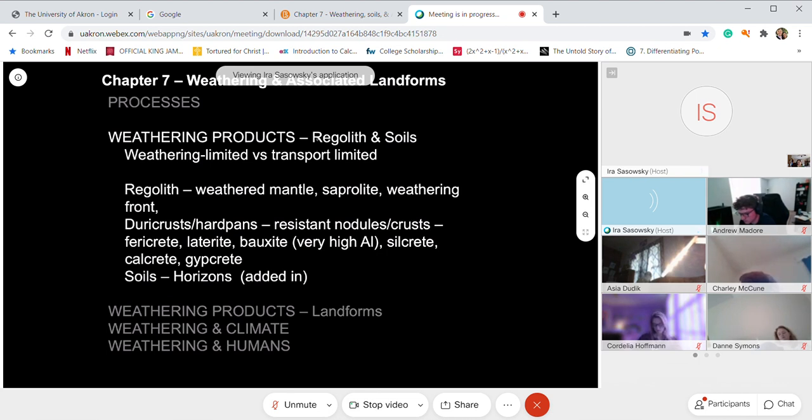So all these form in different types of settings, depending upon what the chemistry of the setting is, and can have significant impact on the erodibility of an environment. And we'll look at an illustration of that in a minute.